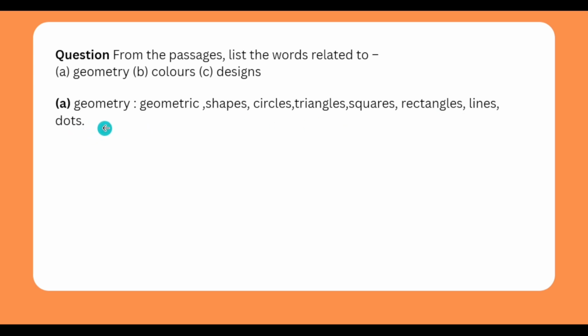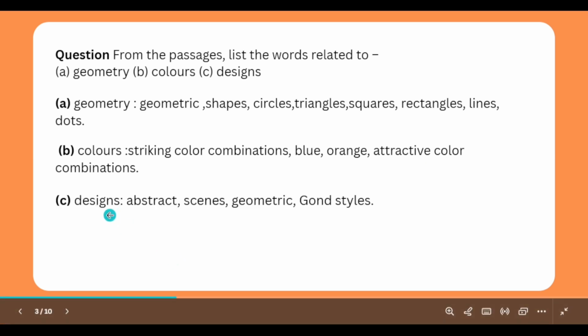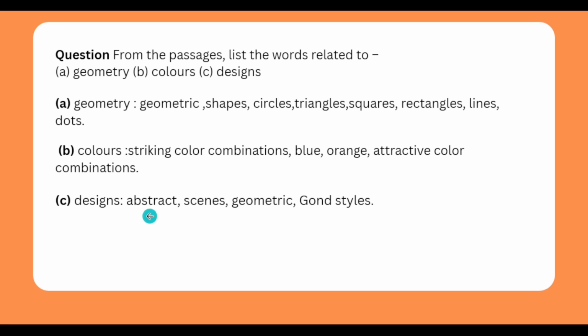Students, if you find more, write in the comment section. B. Colors. Striking color combinations, blue, orange, attractive color combinations. C. Designs. Abstract, scenes, geometric, Gond styles.